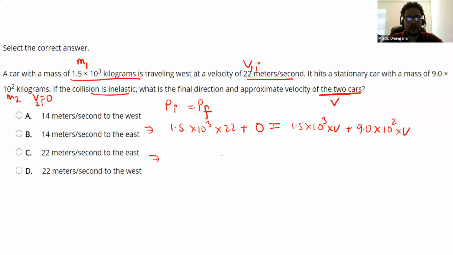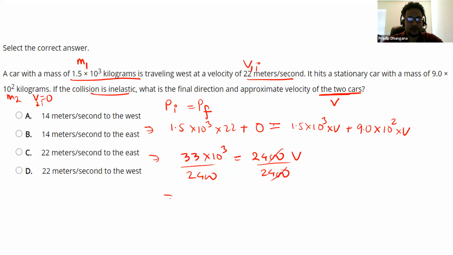22 times 1.5 is... 22 plus 11 is, let me see, 33. Yeah, times 10 to the power 3 is equal to 1500 plus 900 is 2400 v. After that, divide both sides by 2400.